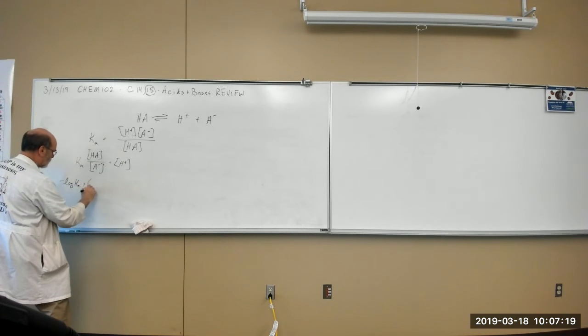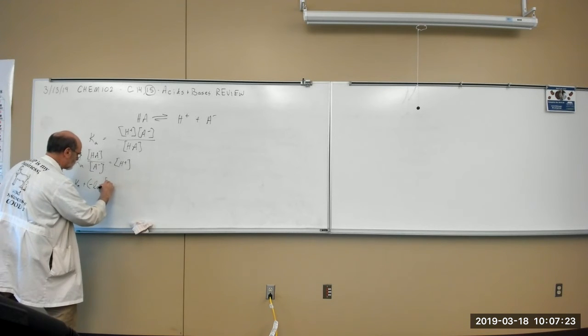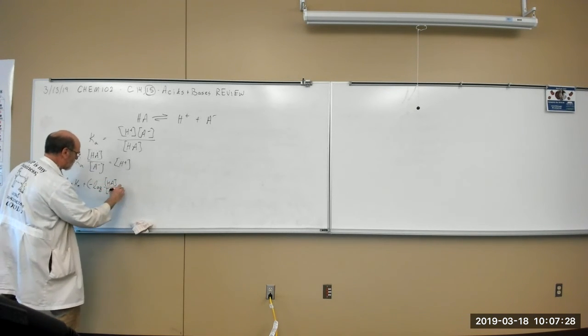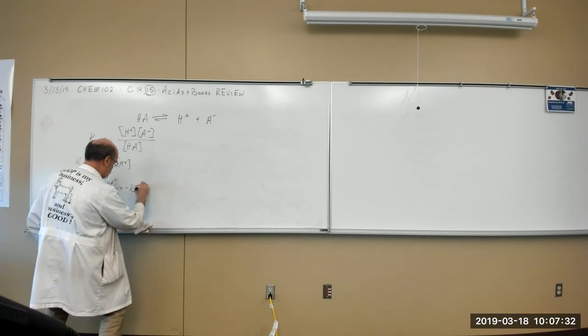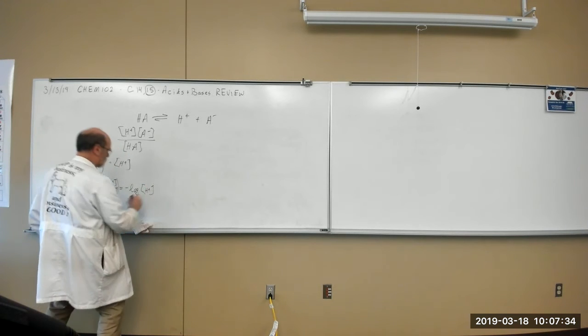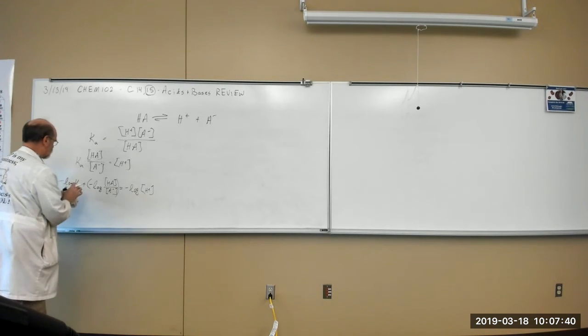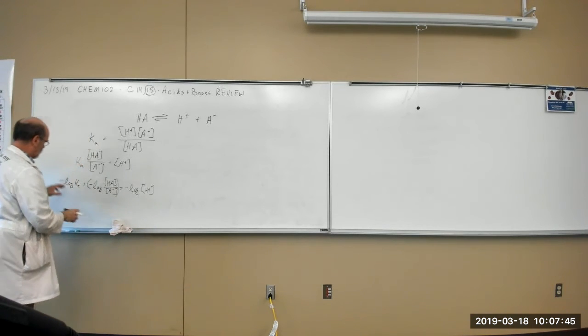So we're going to add the negative log of this expression equals the negative log of the hydrogen ion concentration. Oh, excuse me, that's not right. Oh, wait a minute. Yes, it is. That's right.